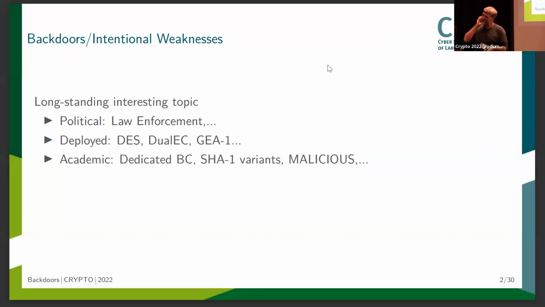So as an introduction, we think that backdoors or intentional weaknesses, which I think are overlapping objects, are an interesting research problem and an interesting topic in many dimensions. It's politically interesting. It's interesting because we saw these things being deployed, and our main point is it's also interesting from an academic view.